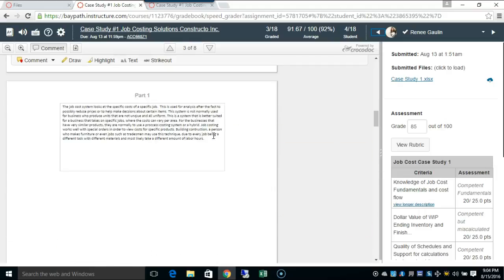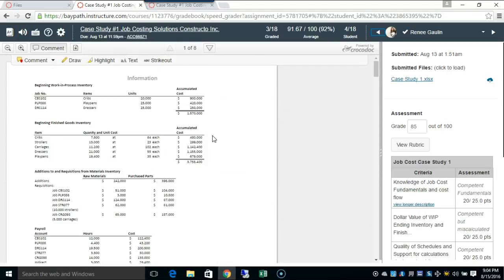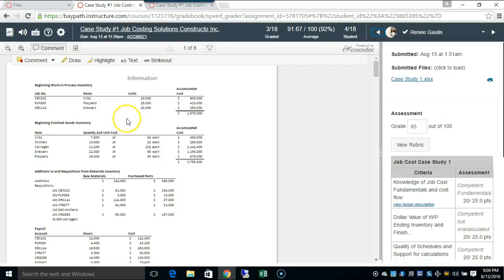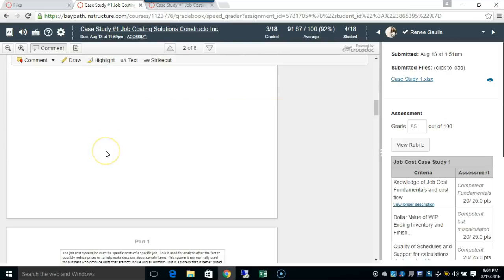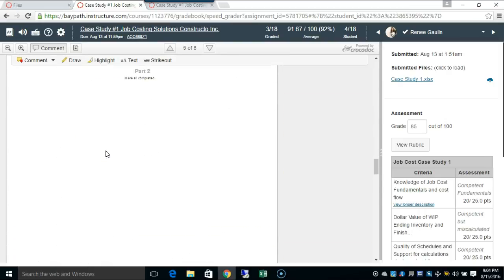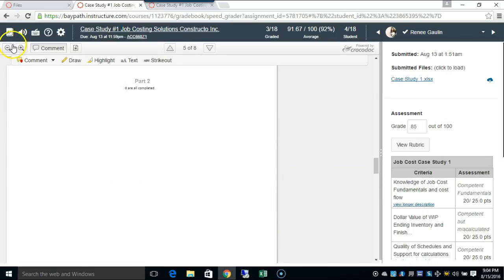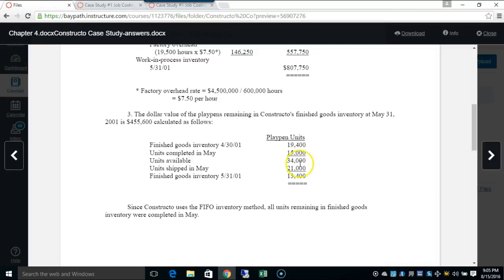So if we go back to your schedules here, you used the beginning WIP inventory as your beginning finished goods of 25,000, when you should have started out with 19,400 under finished goods inventory. 21,000 shipped is correct.